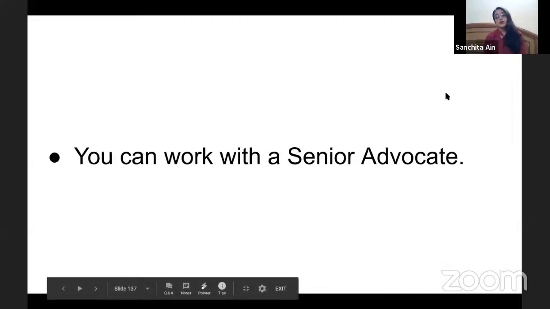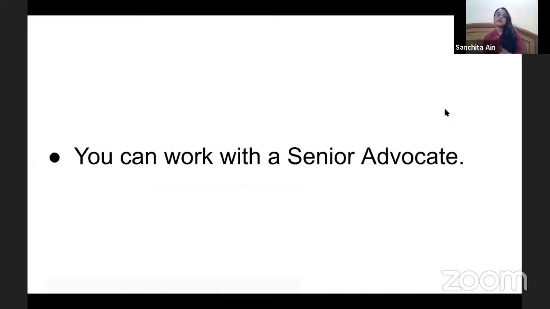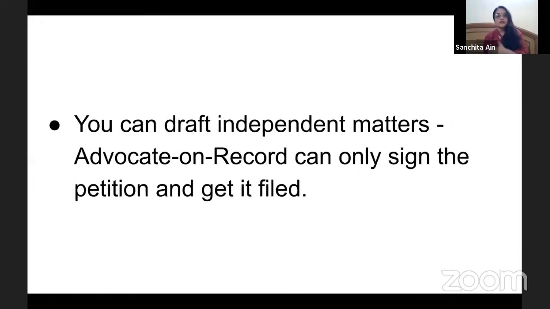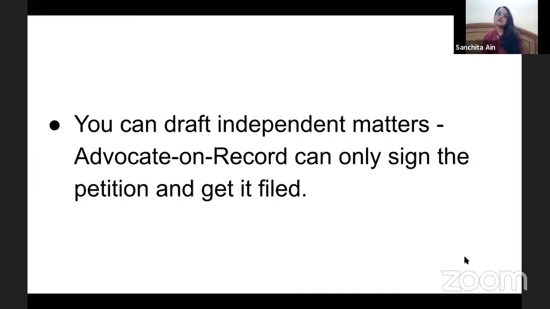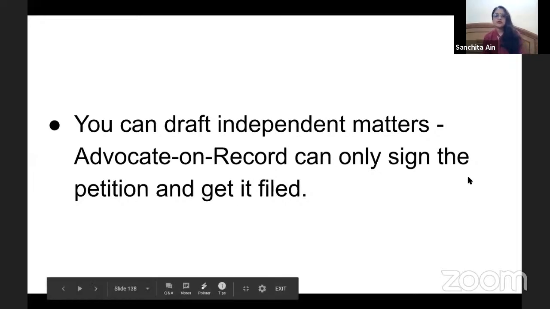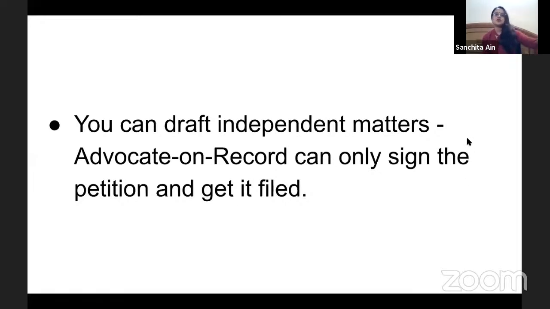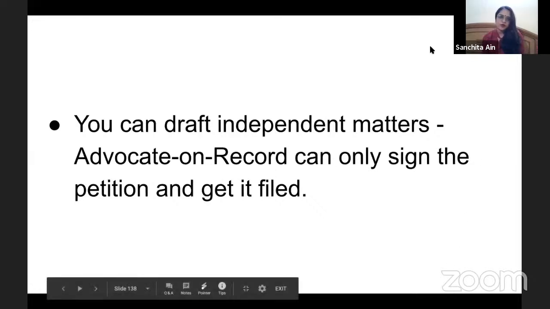And you can also work with the senior advocate. We'll come to the point whether you should start working with the senior advocate as a fresher or not. But this is one of the career paths you can have. You can also draft independent matters. When you're working with an AOR, you cannot, but when you're working with seniors, they do allow you, and you can get it filed through an AOR because that is mandatory.